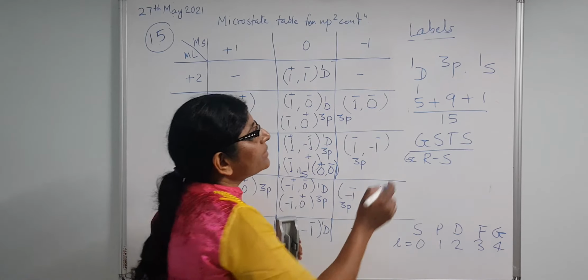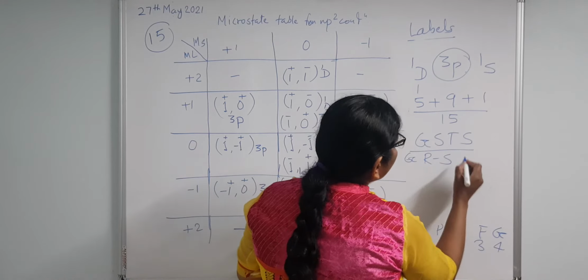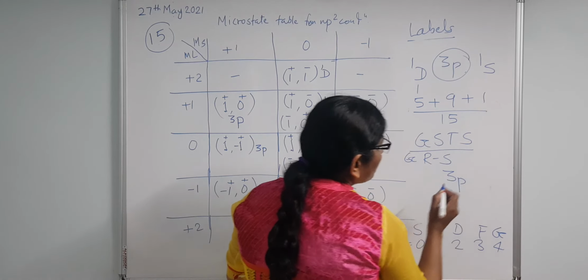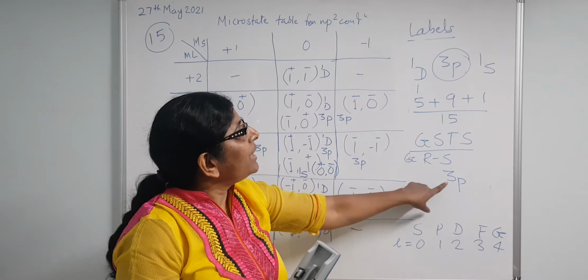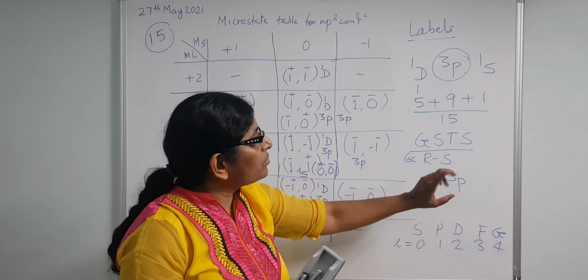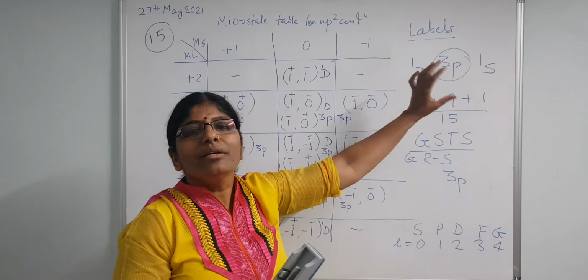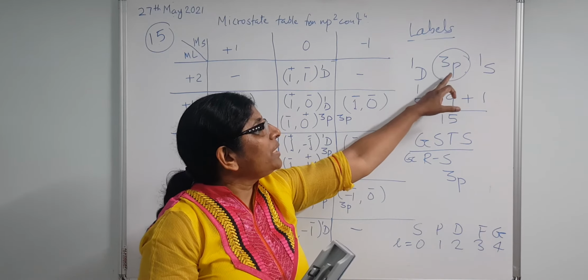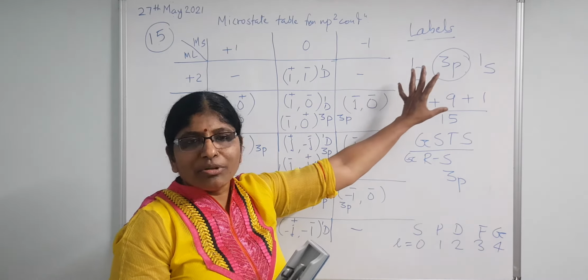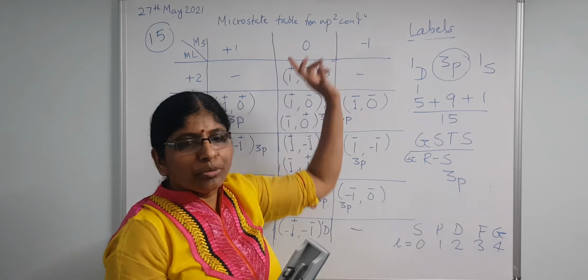From these three RS terms, 3P is the ground state term symbol, because 3P has maximum spin multiplicity, followed by maximum orbital multiplicity. First we have to check which RS term has maximum spin multiplicity. From these three, 3P has maximum spin multiplicity, therefore that is the ground state term symbol for the NP2 configuration.